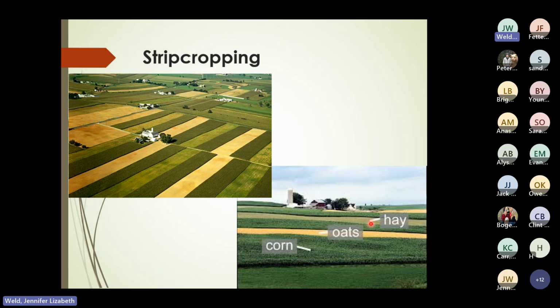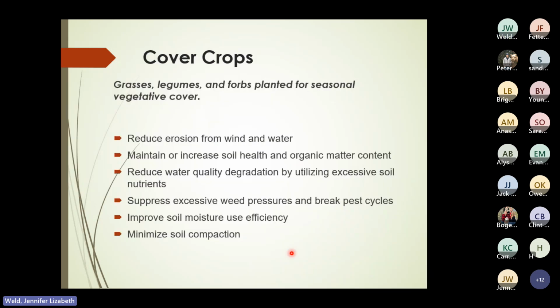So this is an example where you have hay here, you have oats here, and you have corn here, where you have different crops, with hay being more erosion resistant. The corn, depending on the residue, is generally more erosion susceptible. So you would combine those different types of crops across the landscape.